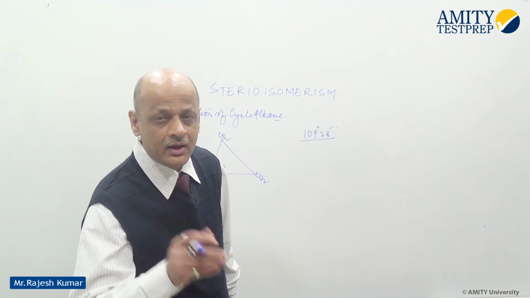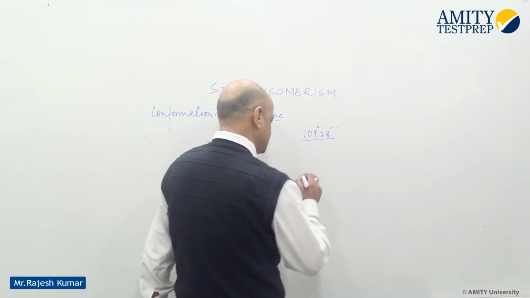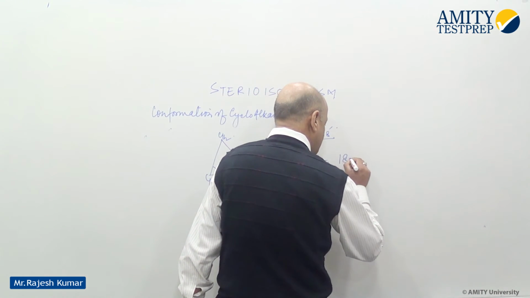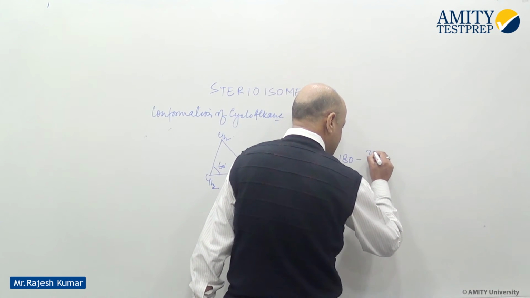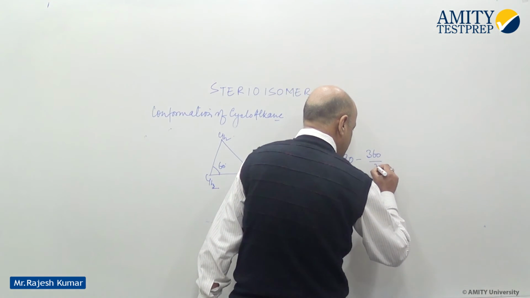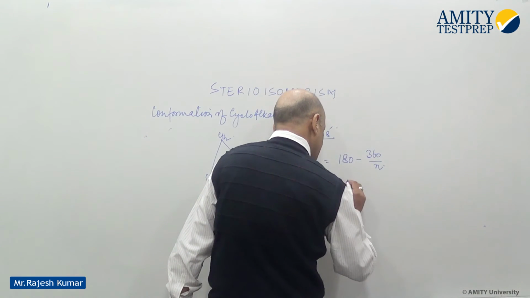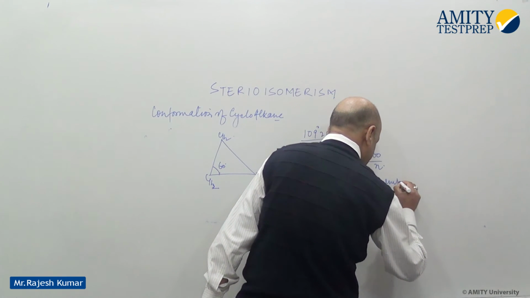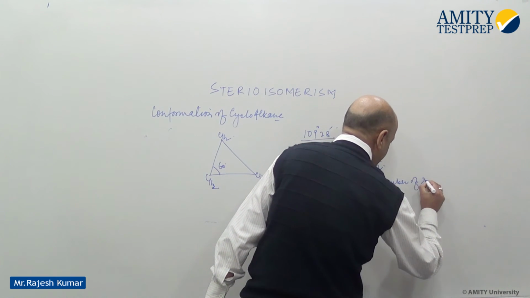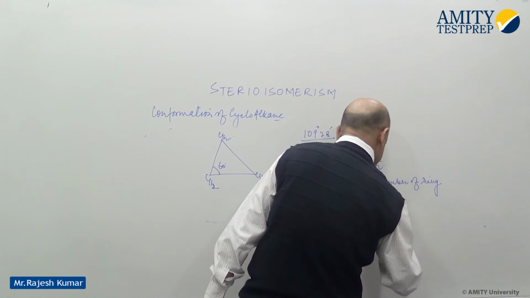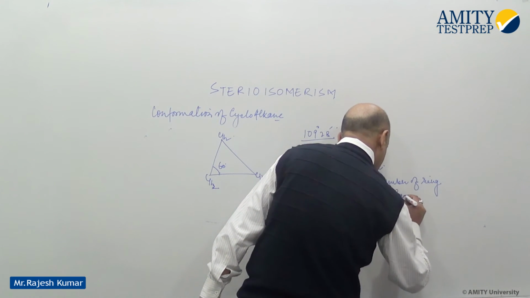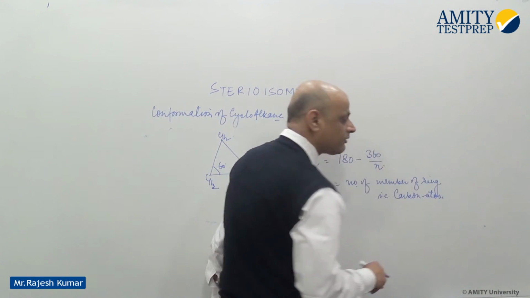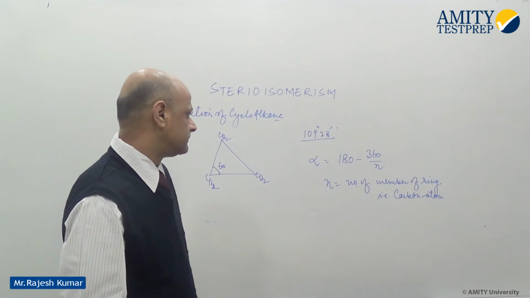How can we determine the bond angle in a cyclic ring structure? The bond angle alpha is equal to 180 minus 360 upon n, where n is the number of members of the ring, that is, of carbon atoms.